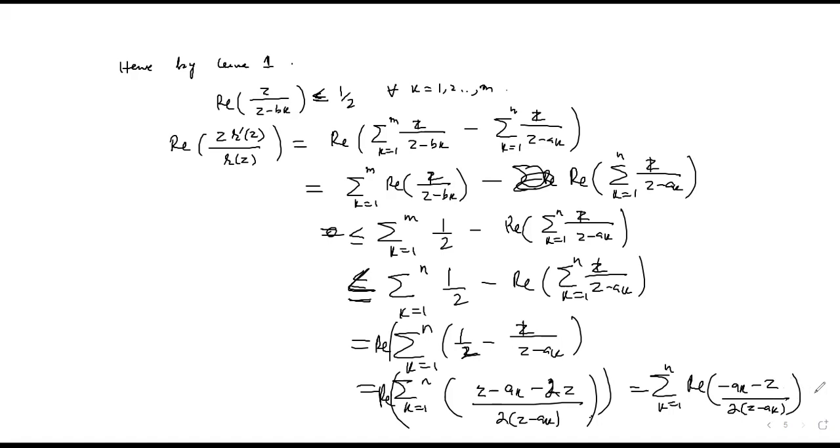Now we will take its real part, so let's call it double star and evaluate this. So I have got minus ak plus z divided by twice z minus ak.